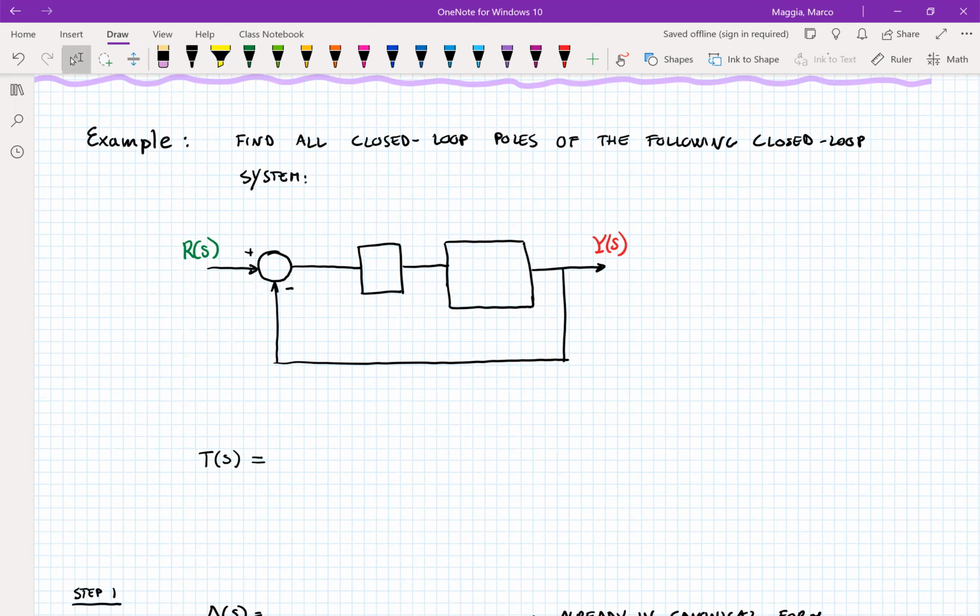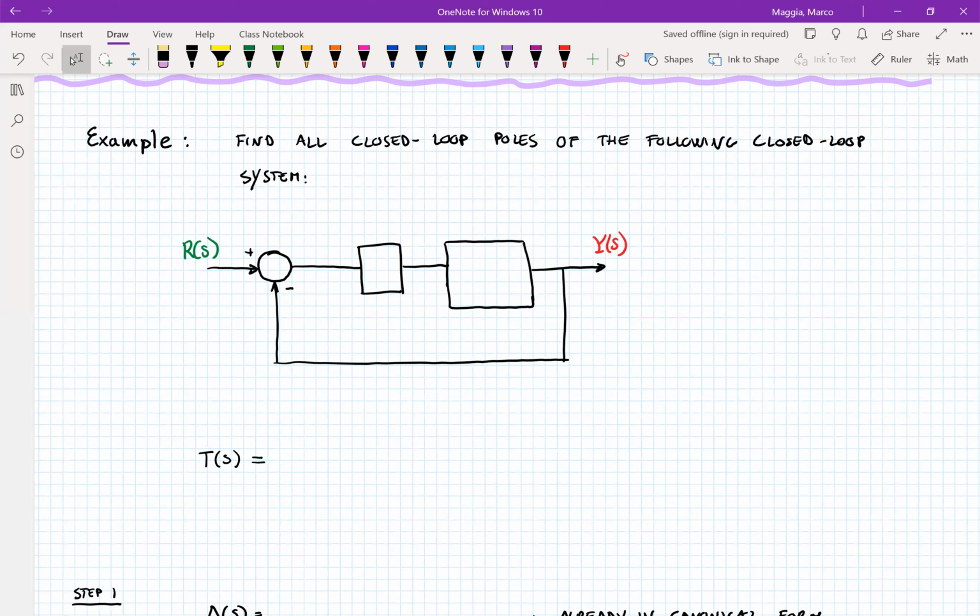Here we are asked to find all the closed loop poles of the following closed loop system. So this is another way of saying draw the root locus, because by now you know it very well. The root locus represents all the possible locations of the closed loop poles.